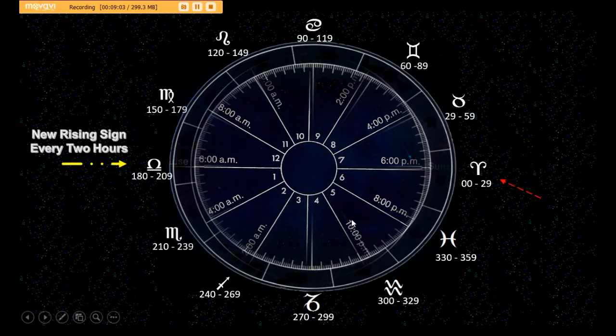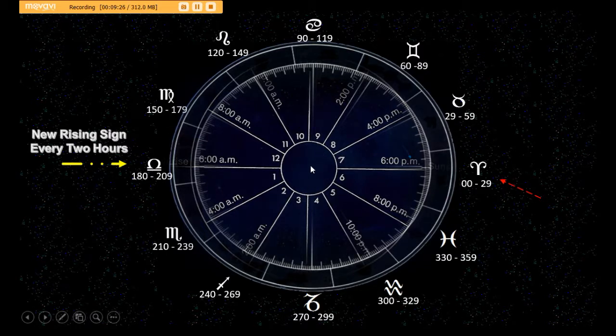Here's the first part of spring, Aries, the second part of spring, Taurus, and the third part of spring, Gemini. Then it goes into summer, and then autumn, and then winter, and back to spring. And that's the setting when you look at it from an Earth's perspective, and Earth would be here in the center.